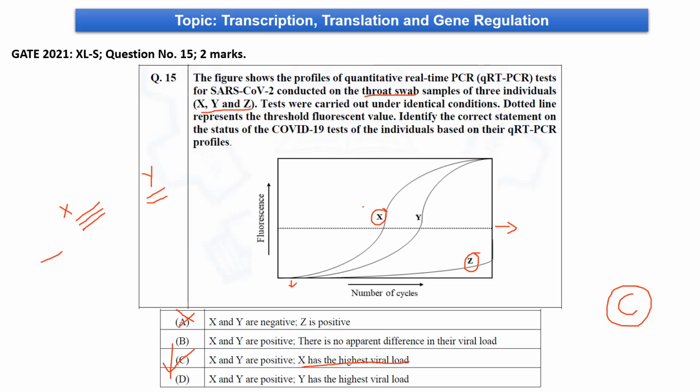But if it is positive, then we check at what CT value the fluorescence goes above the threshold point, and accordingly we can say how much viral load a person will have. So the answer here is C.